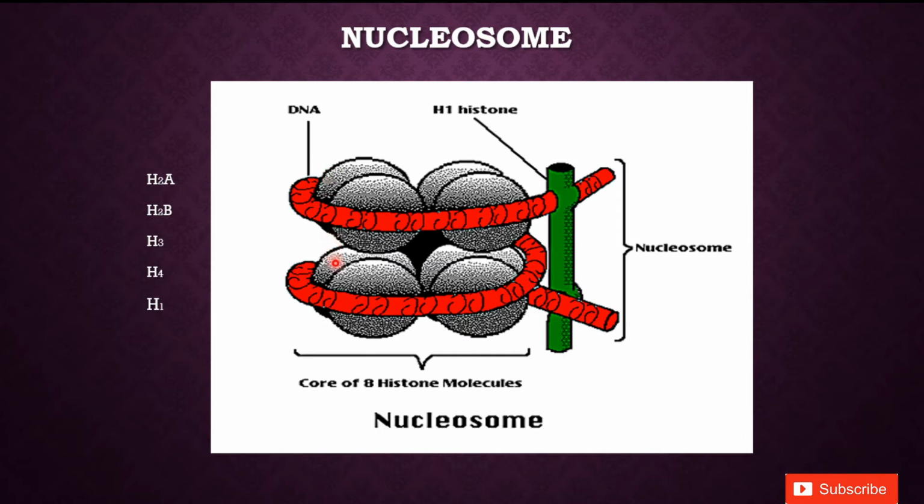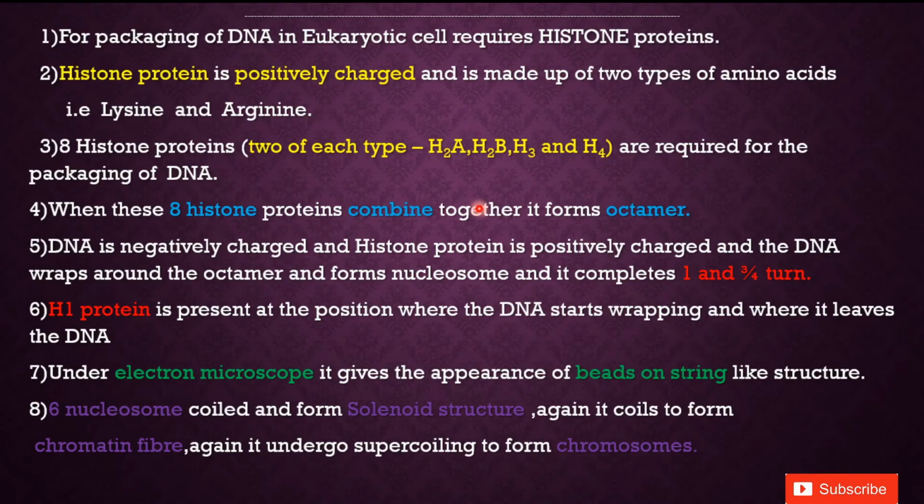These 2 will be H2B, these 2 will be H3, and these 2 will be H4. So 4 different types of histone proteins are present here, and in total 8 histone proteins are required for packaging of DNA.